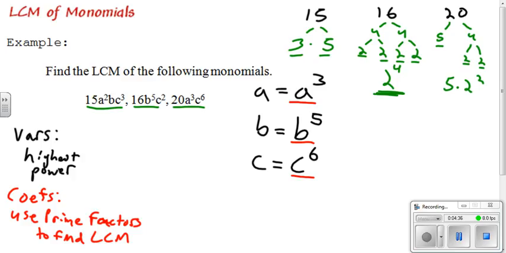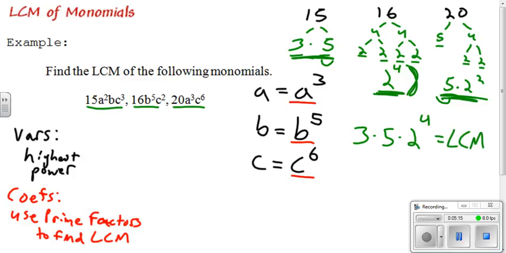Now, to find the least common multiple of our three numbers, we just piece together all the factors to their highest powers. So it looks like we have a 3 that we need there. We have a 5 found here and here. And in each case, it's only 5 to the first power, so that's all we need. We also have a 2, and the highest power of 2 is over here. It's our 2 to the 4th. So it would be 3 times 5 times 2 to the 4th, which is going to be our least common multiple of the coefficients.